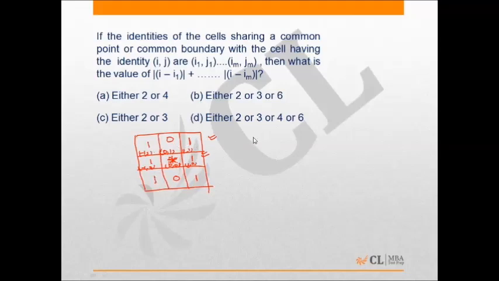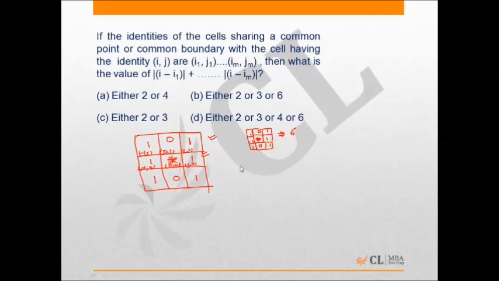In this case, if this is the centralmost cell, I have these 8 cells adjacent to it, and the values of mod of i minus i1, i minus i2 will be 0, 1, 1, 1, 0, 1, 1, 1, and the summation of all this will be equal to 6. There are six ones.